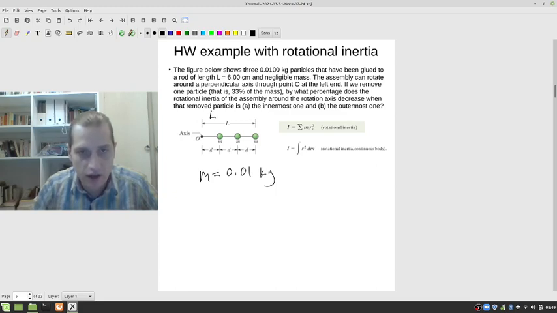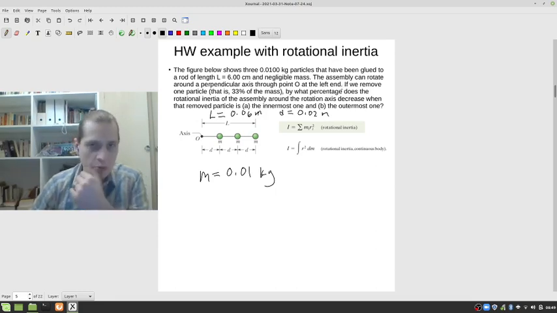So this L is 0.06 meters. And you see how this is divided into 3, so I think it's safe to say, just looking at the picture, that if you divide 0.06 by 3, you're going to get 0.02 meters. So these are 2 centimeters apart.